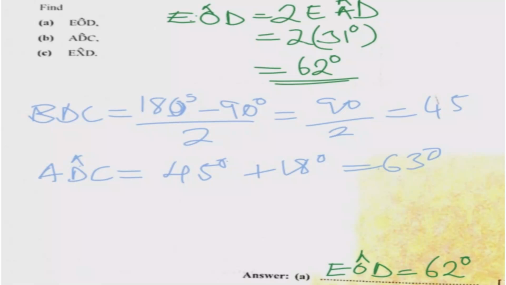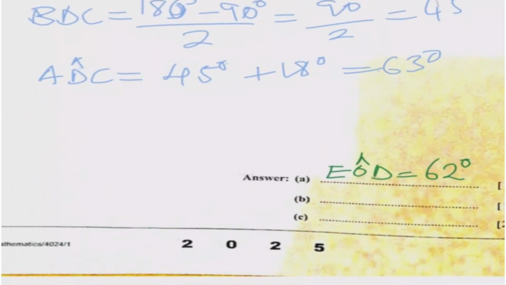So the correct answer there, we can even record it here. Angle ADC is equal to 63 degrees. Now that we have found that, we can go ahead and give the answers.